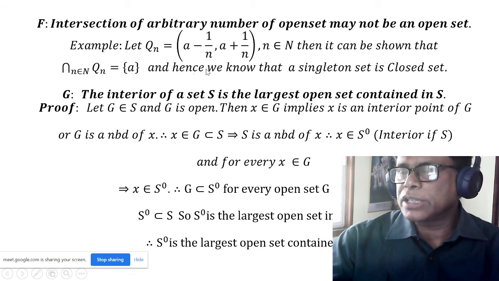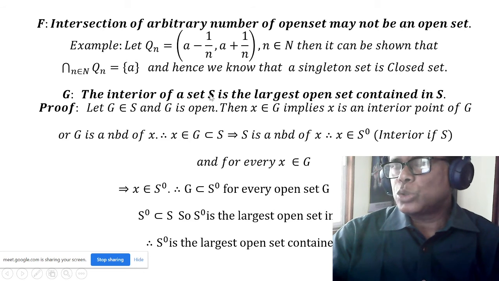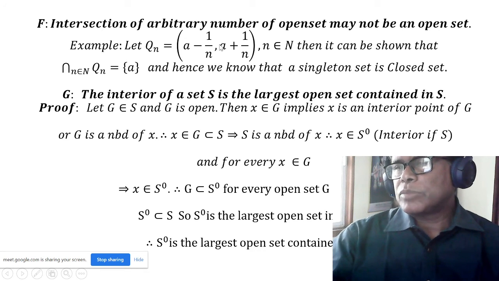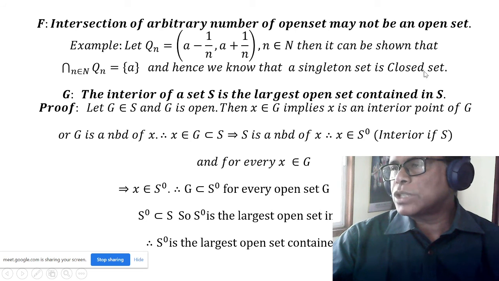As we take the intersection, these intervals are getting shorter. So what will happen at the end? Their intersection will be the singleton set, and a singleton set is a closed set, so it is not an open set. So this may not be an open set.